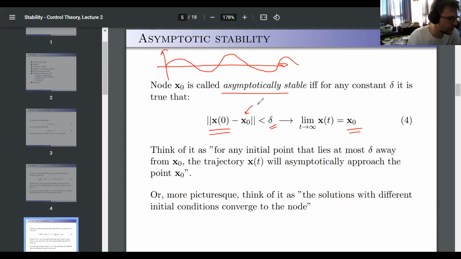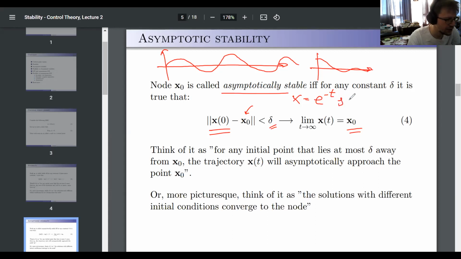And what do you mean converge? Well, a solution of a differential equation converges. For example, x equals e to the minus t converges.